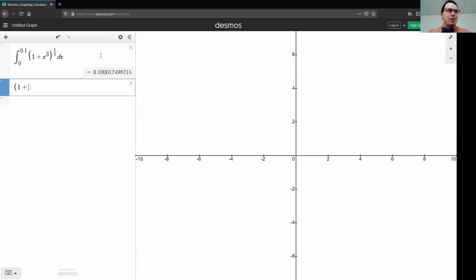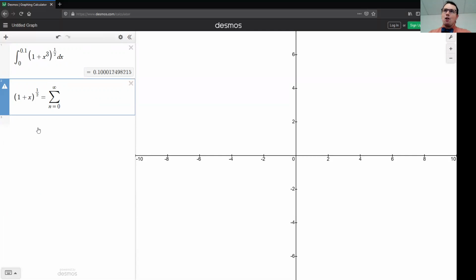Now, the series I'm going to use for this demonstration is the binomial series. Anytime I have the quantity 1 plus x raised to any power, I can write it out using the binomial series. So again, it's a sum from 0 to infinity.